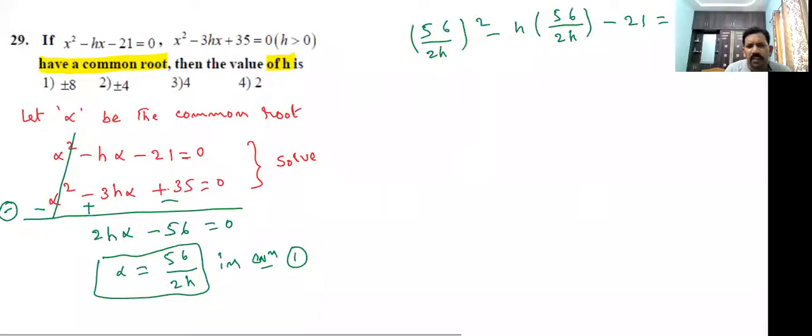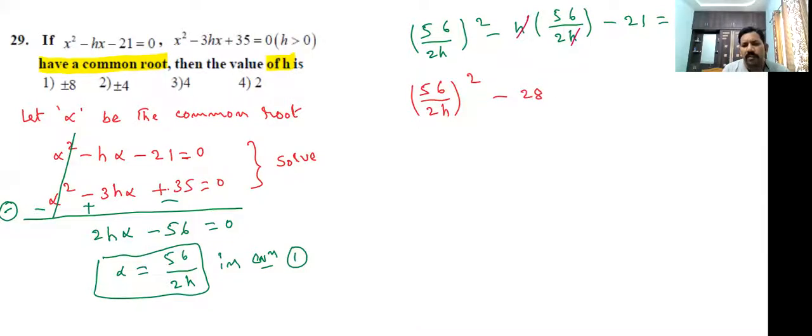Students, observe here, h cancels. Now what remains? 56 by 2h whole square, minus 2 table, 2 8s are 16, so minus 21 gives 56 by 2h whole square equal to 49. 49 means 7 square.